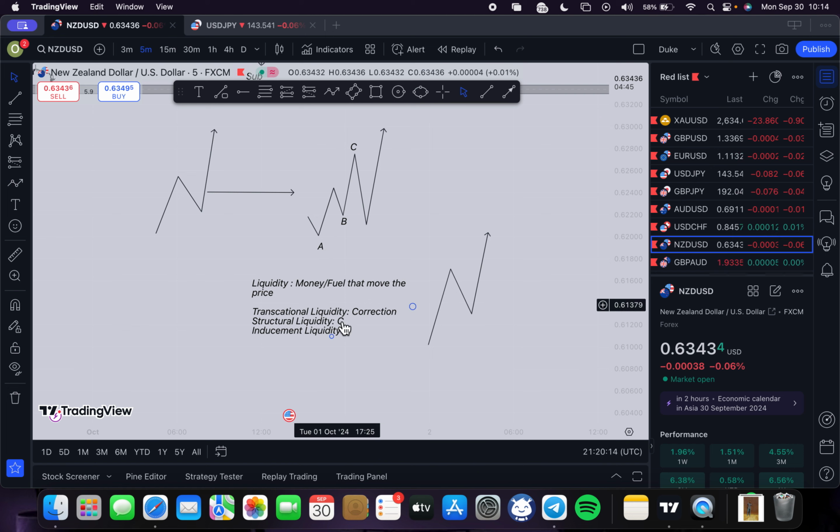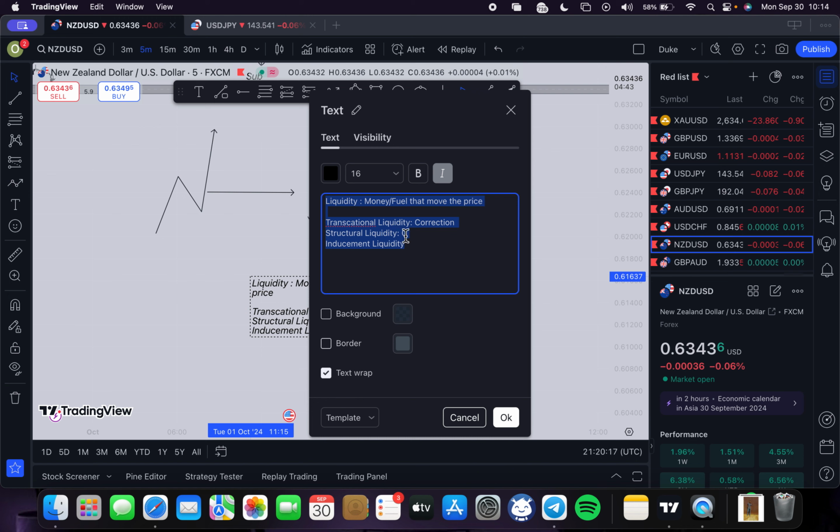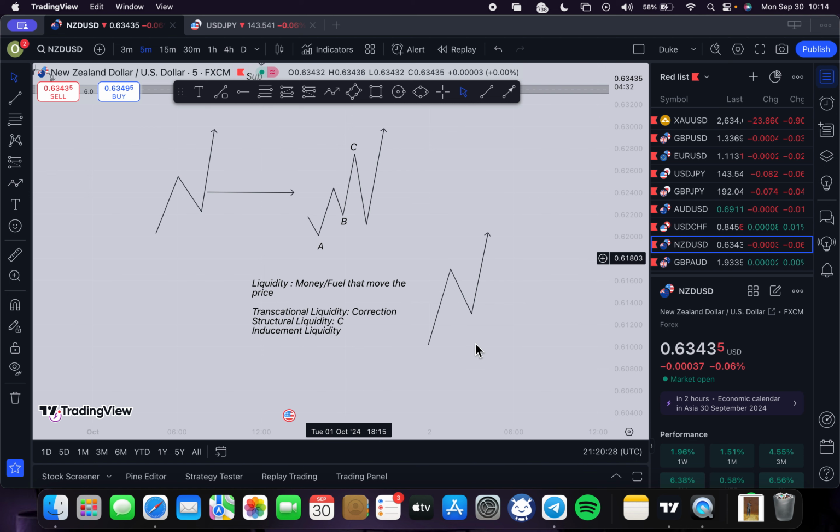So now let's continue with our structural liquidity. This structural liquidity, as we know, is a continuation in the market, which, as I was explaining to you, I was using this as an example.